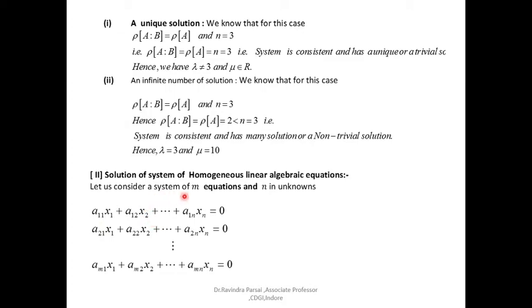Let us consider a system of m equations in n unknowns. a11 x1 plus a12 x2 plus a1n xn equal to 0, a21 x1 plus a22 x2 plus a2n xn equal to 0, up to am1 x1 plus am2 x2 plus amn xn equal to 0.